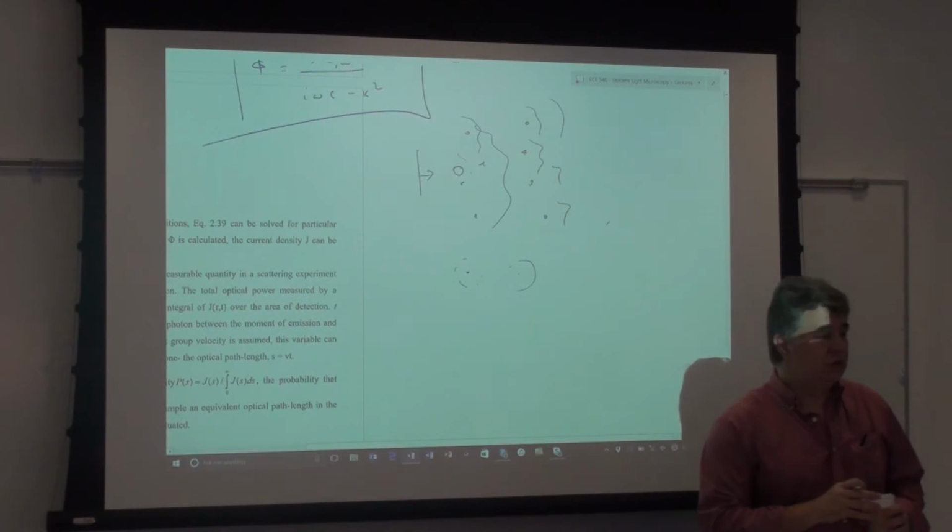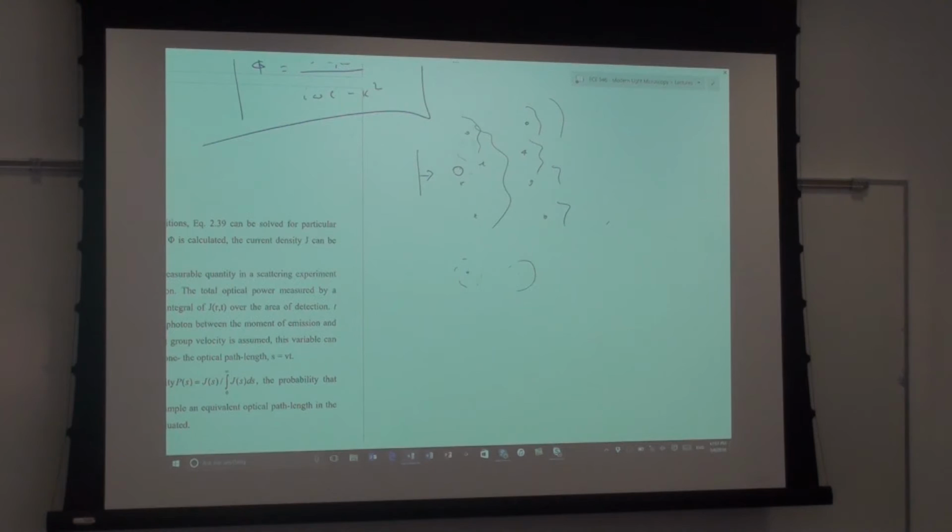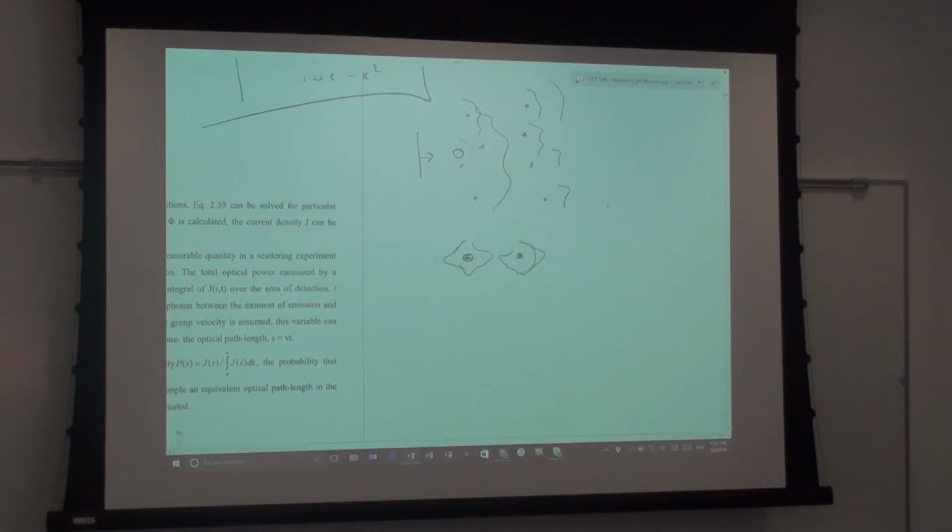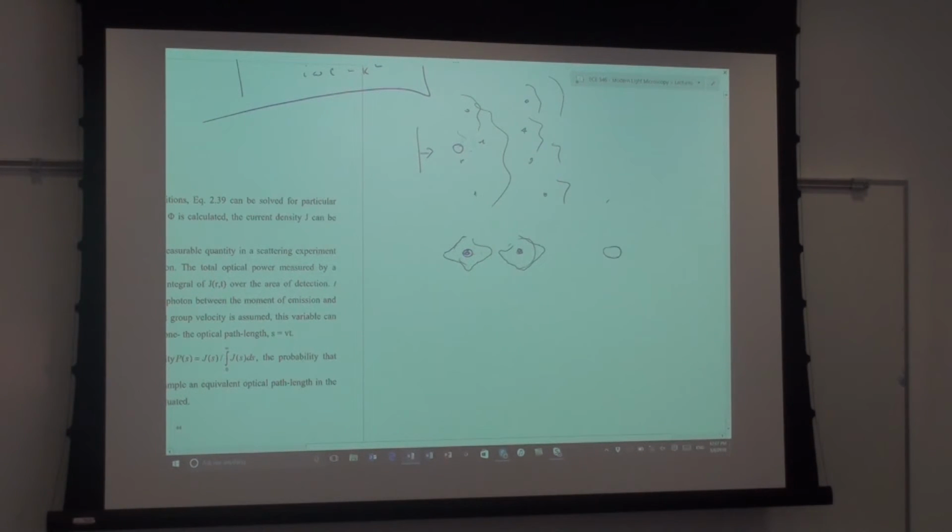Yeah? But as the particle gets bigger and bigger, what's going to happen? The particles start to scatter mostly forward. If you look at the particle like this, illuminated from the side, in polar coordinates, it's going to have a sharp peak forward, some structure, who knows.